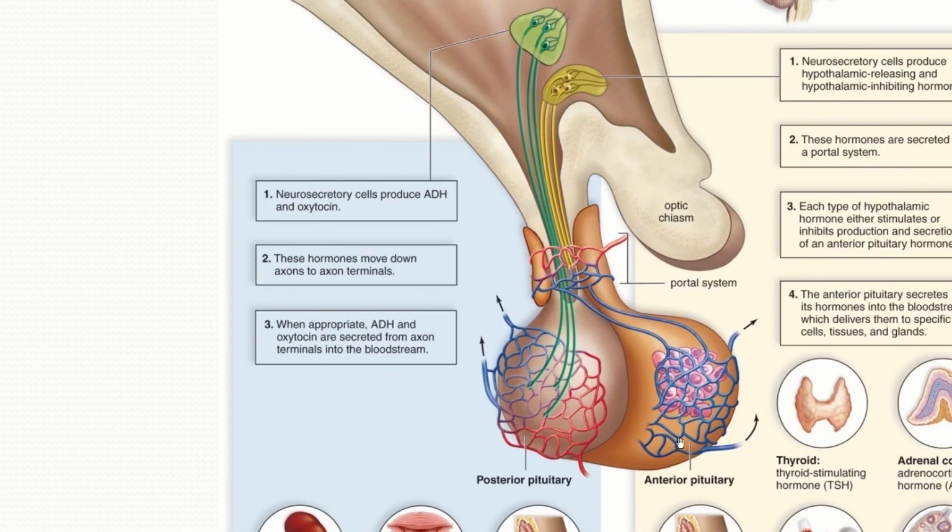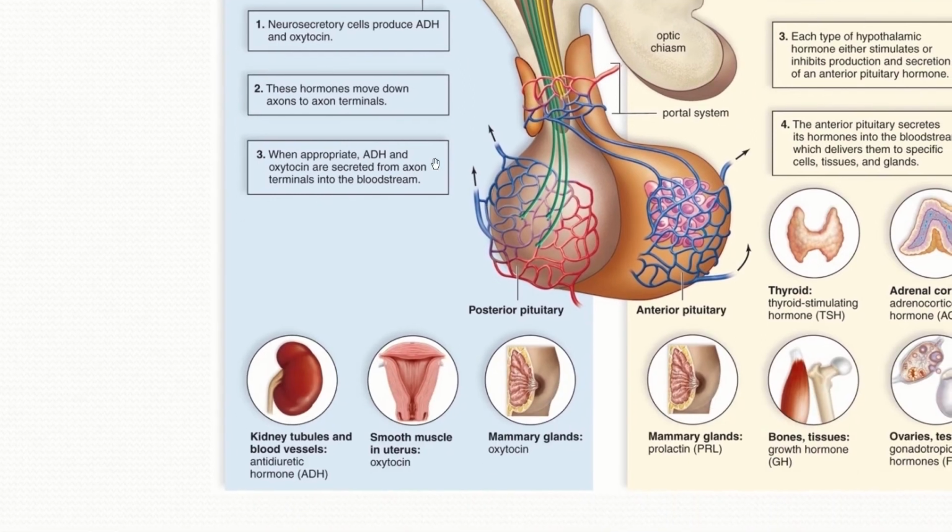The posterior pituitary gland is communicated with by neurosecretory cells of the hypothalamus. These neurosecretory cells produce ADH and oxytocin. ADH is antidiuretic hormone. And these hormones move down the axons to the axon terminals into the posterior pituitary.